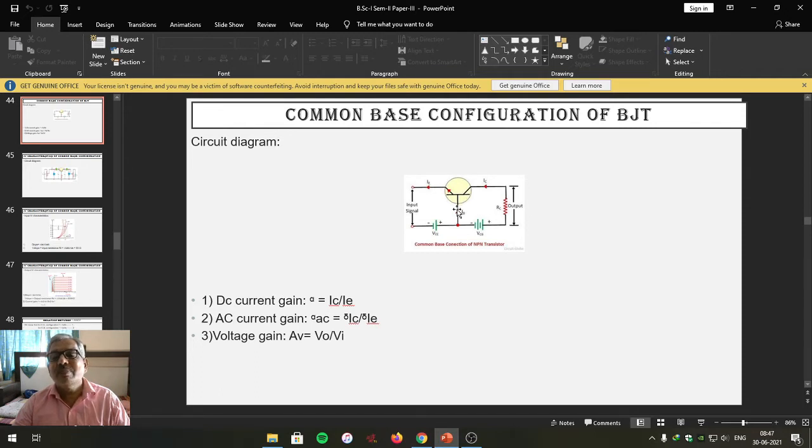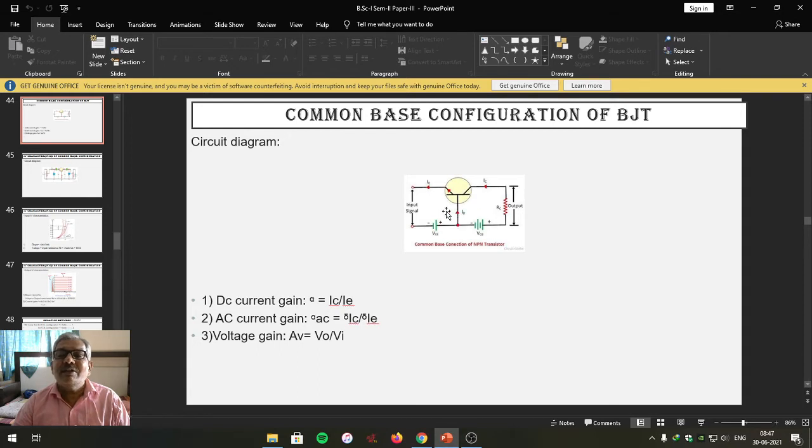Dear students, this is the circuit diagram that represents how BJT is used in common base configuration. Here, the battery VEE is used to forward bias emitter base junction, that is input junction, and battery VCC is used to reverse bias collector base junction.